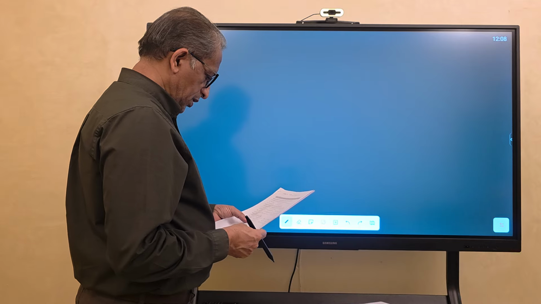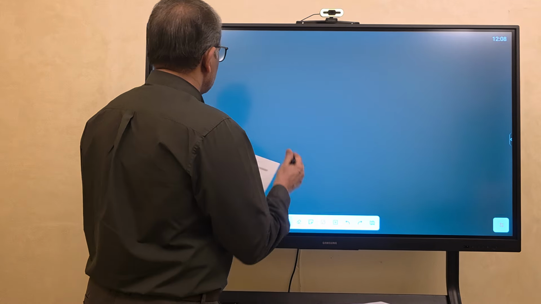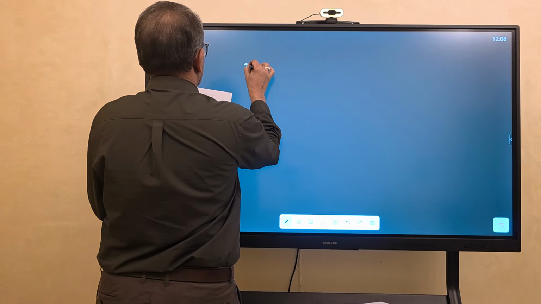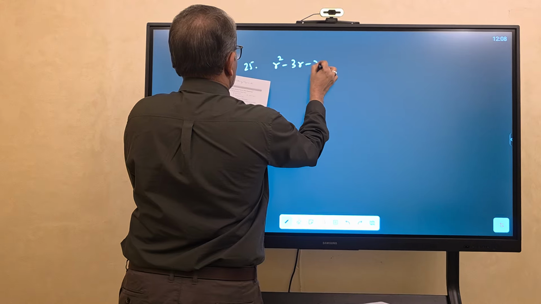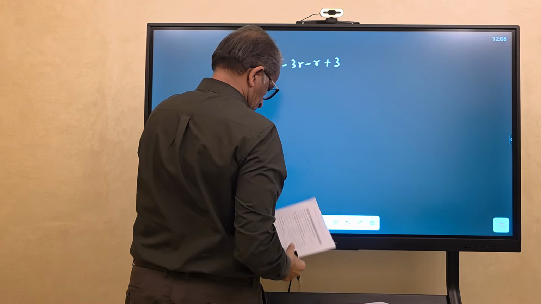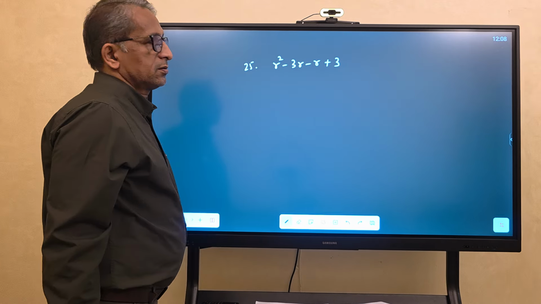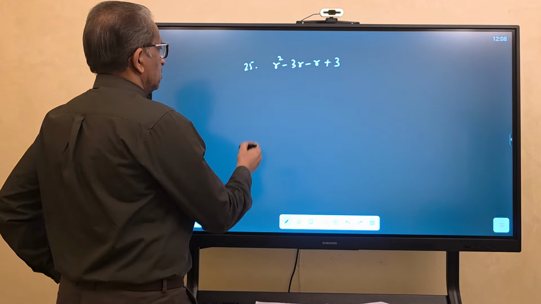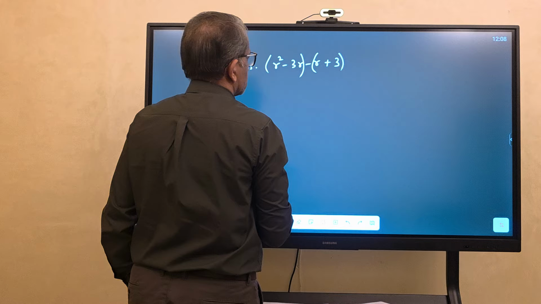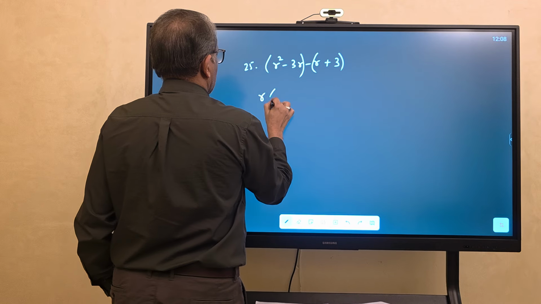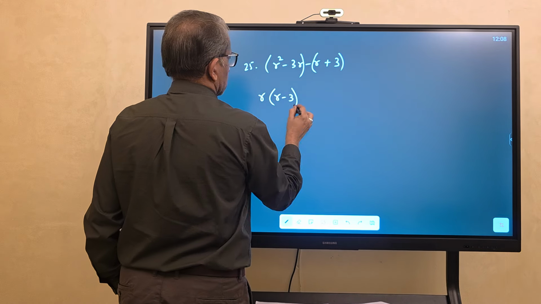Of course, there are many questions here. Let me do 25: R square minus 3R minus R plus 3. Let's see this question. I make a group of this, then a group of this. I take R out, R minus 3.